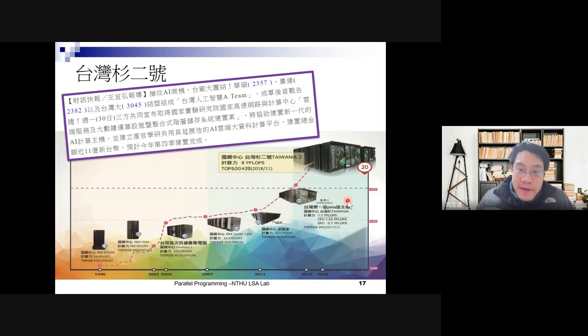Finally, for Taiwan, it's the same thing as for every country. In order to develop their AI solutions, we all know the future world will be controlled and driven by AI, and in order to do AI, you need high performance computing.